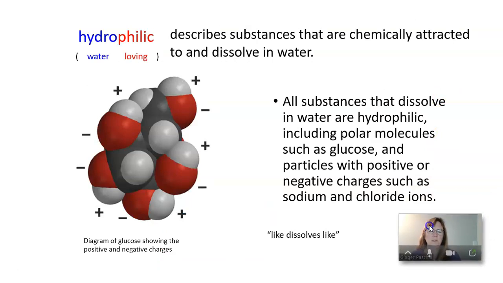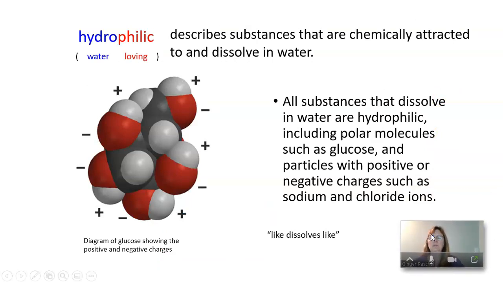So we also have something that's called hydrophilic. Hydrophilic means water-loving or water lover. This describes substances that are chemically attracted to and dissolve in water. So you can see here we've got this giant molecule. This is a molecule of glucose, and it's got positives and negatives all around it.